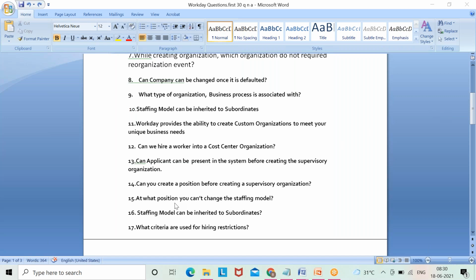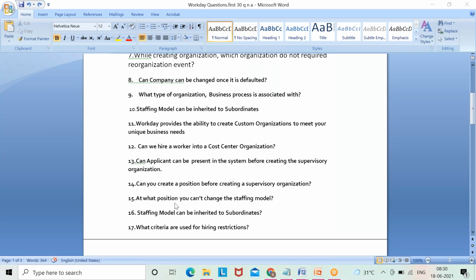At what state we cannot change the staffing model? Let's say you configured a staffing model and you set up the jobs or positions according to the customer requirement. Then the customer is asking you to change the staffing model. Once we create positions or jobs, we cannot change the staffing model at all.